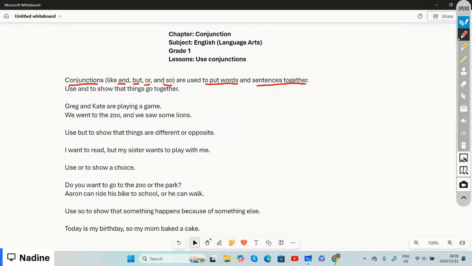And when it comes to the word and, we can use and to show that things go together. So it can be like this and that, or by adding more things. These are the things that go together.